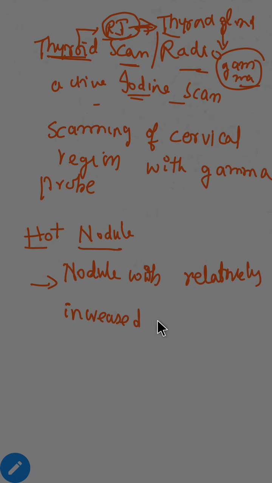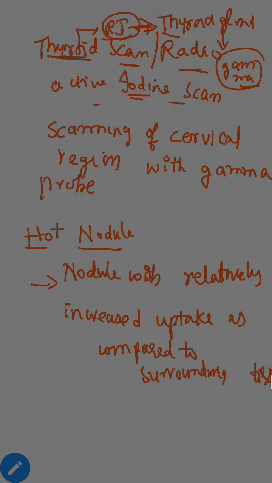Then that nodule is said to be a hot nodule. There is an increased risk of malignancy in a hot nodule. The risk is 1 to 3%.